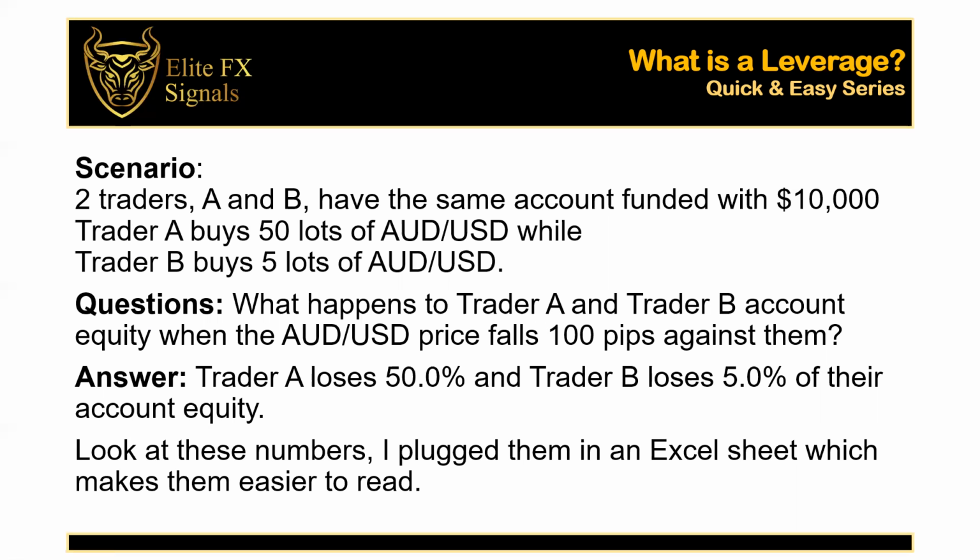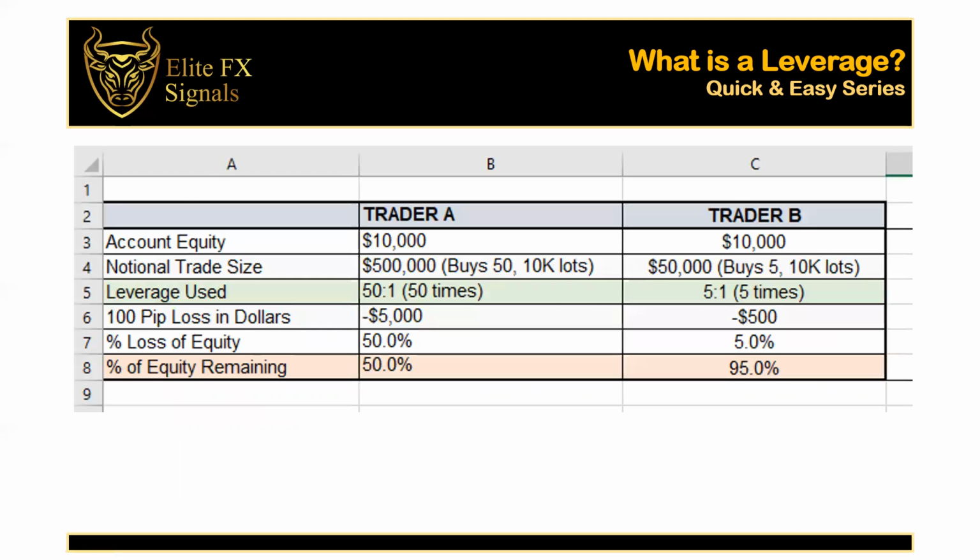So here's the answer. Trader A will lose 50% of his account, so he will lose $5,000. At the same time, trader B will only lose 5% of his account. Okay, so look at the numbers. Both of them start with 10K. Trader A is much more aggressive and he wants to use to his advantage all the leverage that he can use.